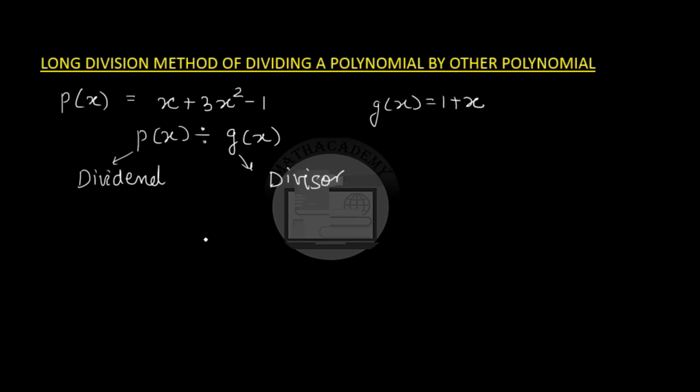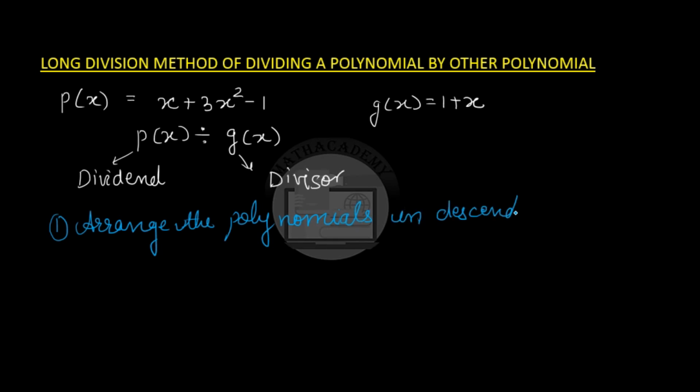Now there are certain steps which we need to follow before performing the long division. The first step: arrange the polynomials in descending order of powers.